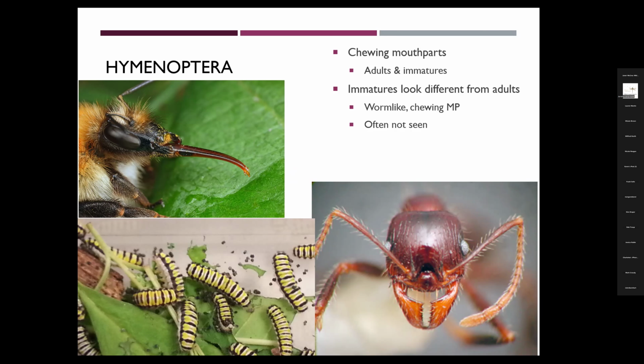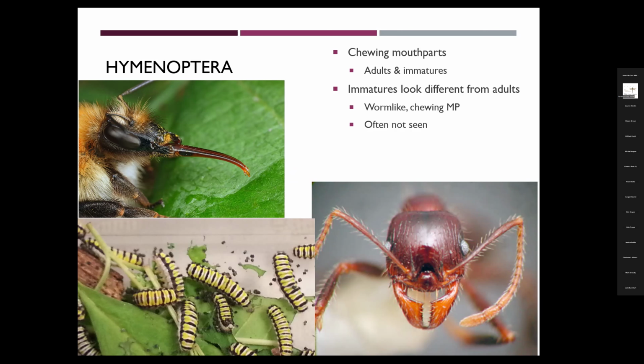The ones that we do tend to see are similar to the ones that you see on the bottom, and those are actually sawfly larvae. Sawfly larvae are often mistaken for caterpillars because they often group together and they're feeding on plant foliage, and a lot of people think that they're caterpillars.